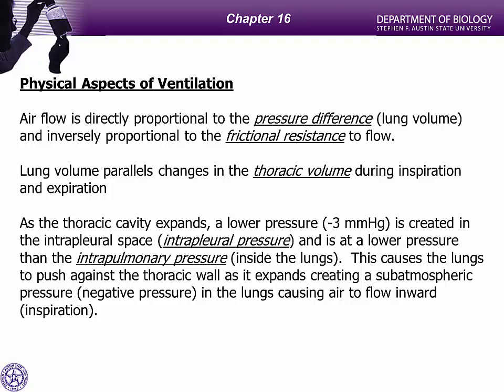So this is the reasoning behind the fact that our visceral pleura, the outer wall of the lung, is going to continuously be pressed against the thoracic cavity. So wherever the thoracic cavity goes, so go the lungs. If you increase the space of the thoracic cavity because of this negative pressure in our intrapleural space, you're also going to increase the volume of the lungs. They mimic and follow that thoracic cavity.